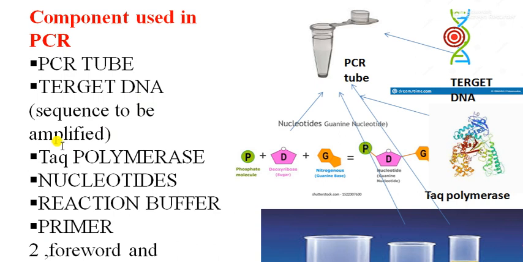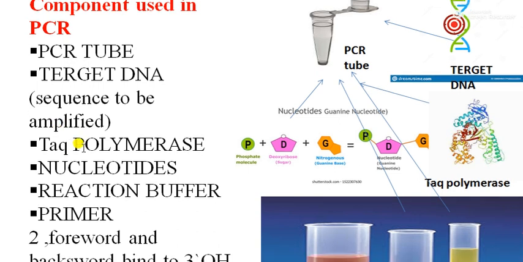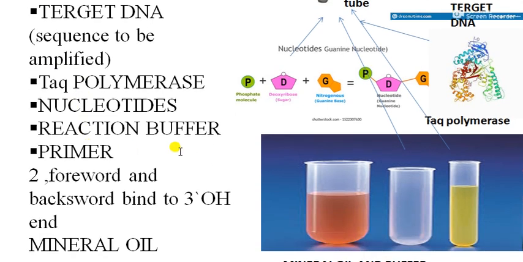It's almost the same as DNA polymerase. Next, the nucleotides. Obviously, we need some nucleotides for extending or cloning the DNA strands. Next, the reaction buffer. This reaction buffer is used as a vehicle or a medium for this PCR technique.